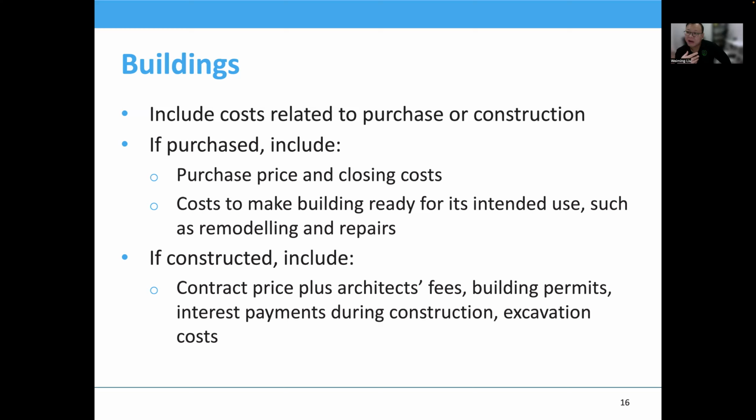And you probably need to hire an architect to design your building. And the government has to approve your building, so you need to get a building permit from the government. And if you don't have enough money during the construction, you probably need to borrow money from the bank, and you have to pay interest. So those costs are all considered as buildings. You can record all these costs as buildings.